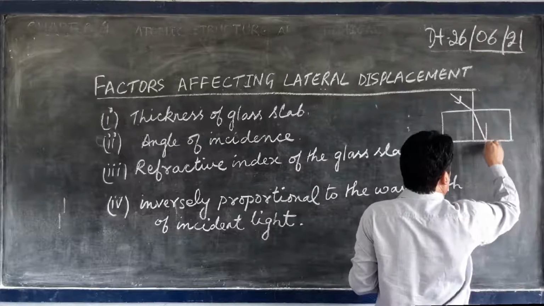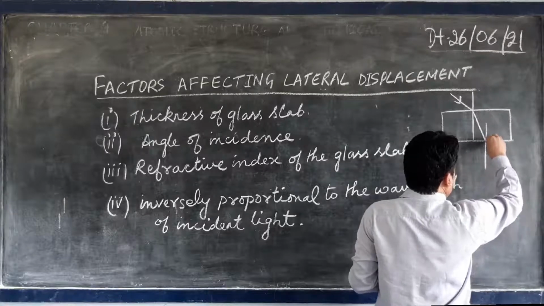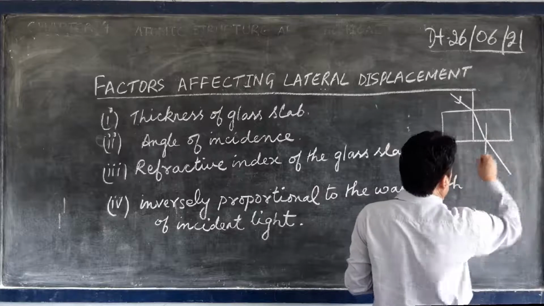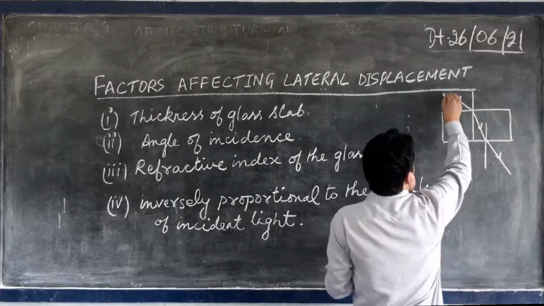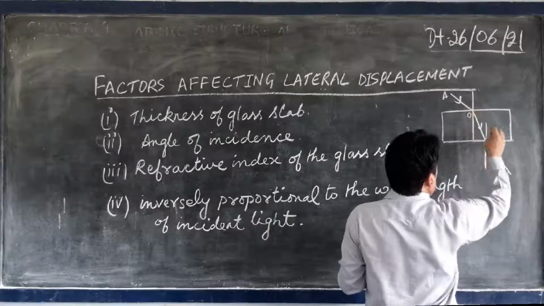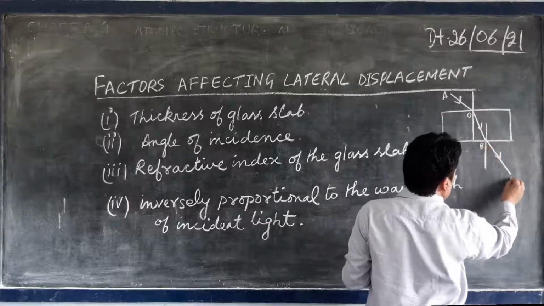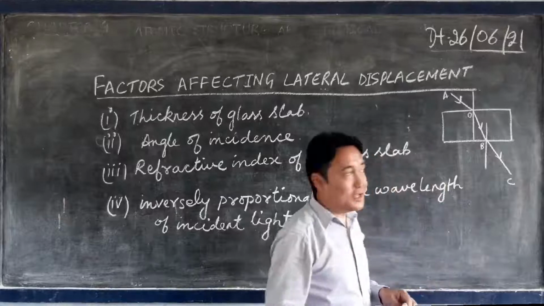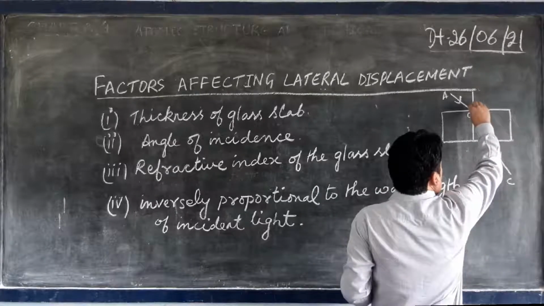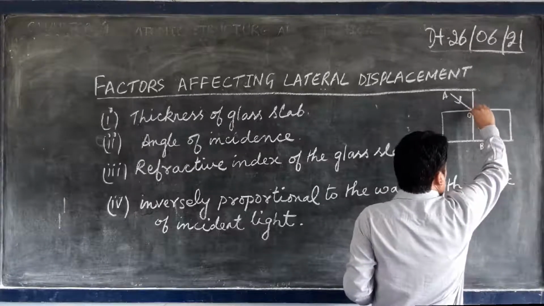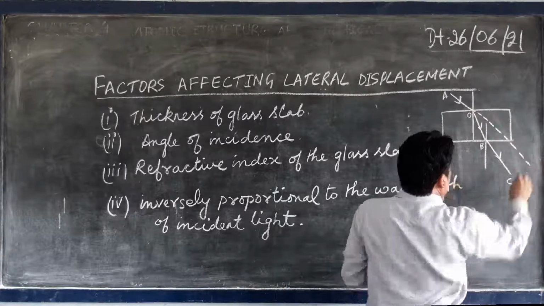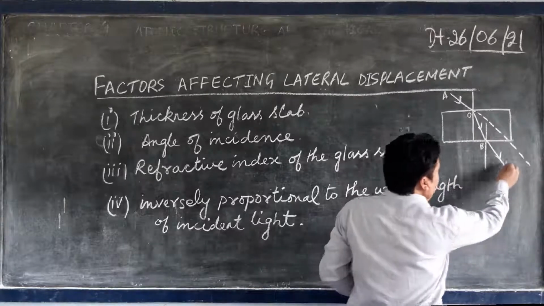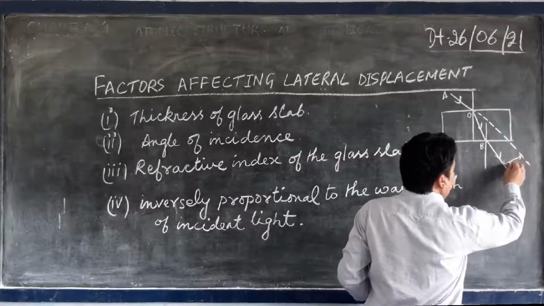Then again this is the normal, and this is the second refracted ray. That means AO is the incident ray, OD is the refracted ray, and OC is the emergent ray. When you produce the incident ray forward, this distance we call the lateral displacement.